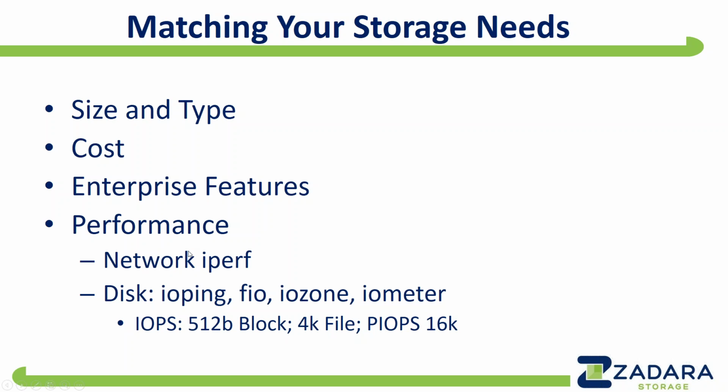One of the favorite ones that I like is iPerf. That gives you a network bandwidth, and this is really good in AWS. If you go ahead and deploy an EC2 instance, you should really run iPerf on that to make sure it's meeting your requirement.